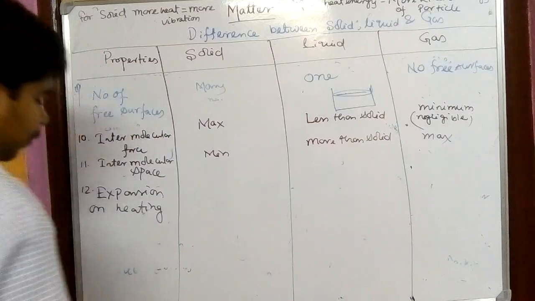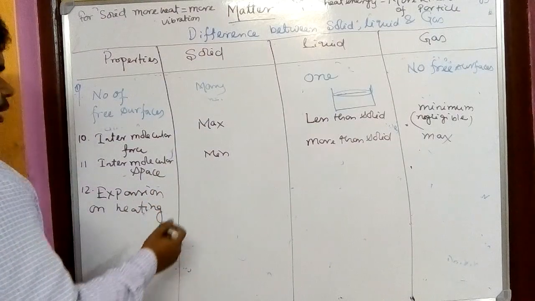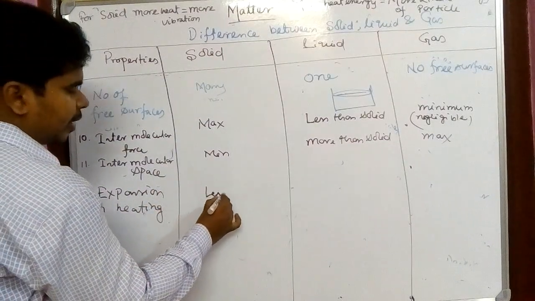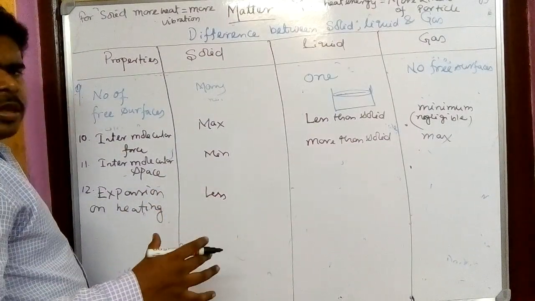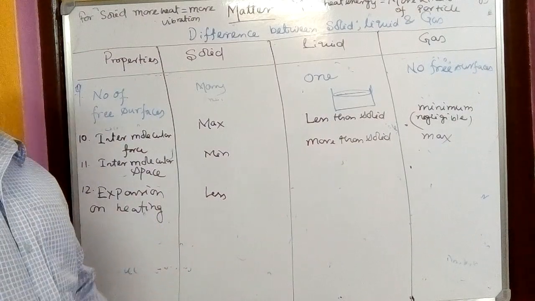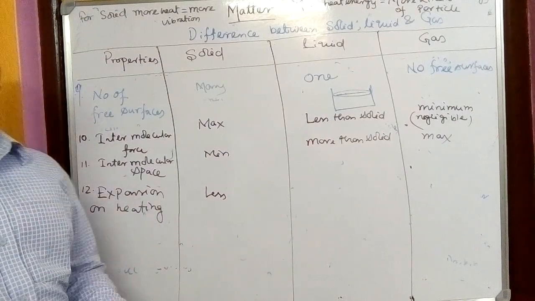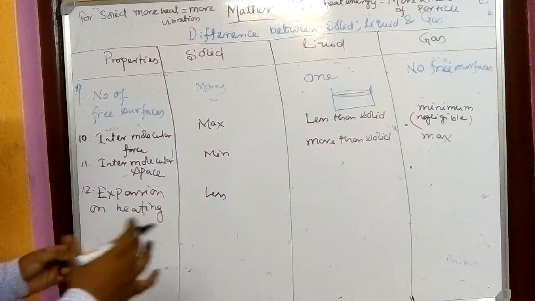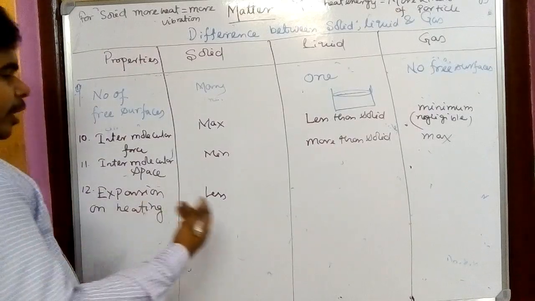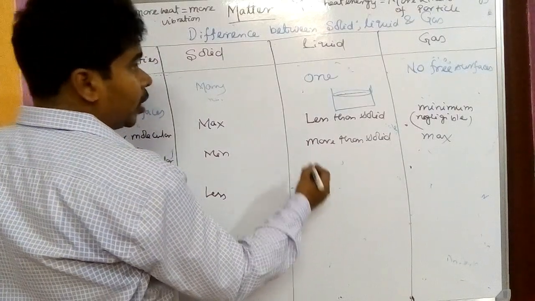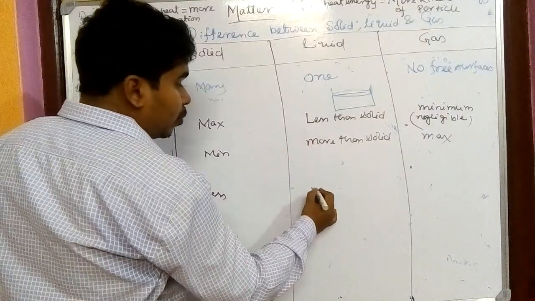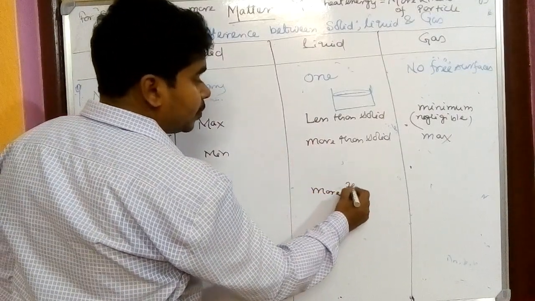For solid, that expansion is less because its intermolecular attraction force is more, so its expansion will be less. If you talk about liquid, it is more than solid.